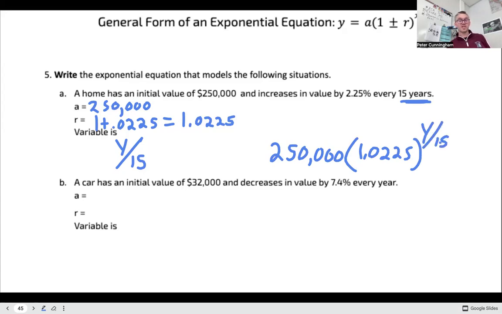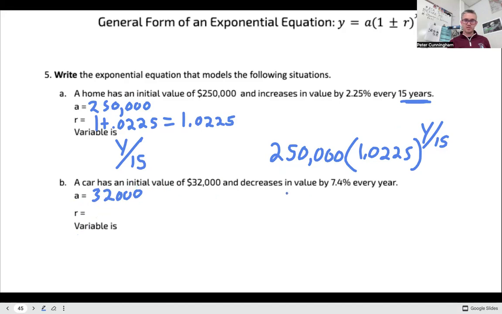Now, if the question were to say, how much is this home valued at in 12 years, then I would need you to plug in 12 over 15 to actually calculate that. If I said, how much is it worth in 20 years? You need to plug in 20 for the years and actually find the value there.